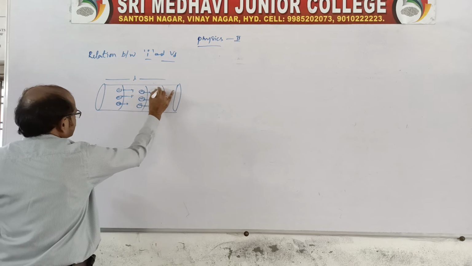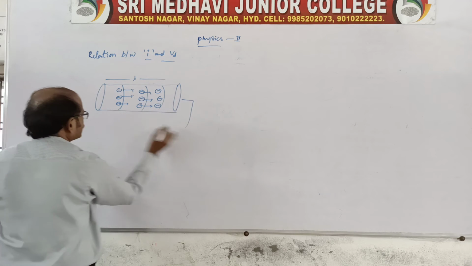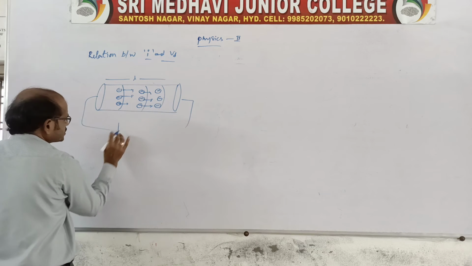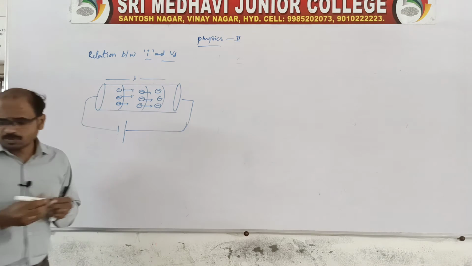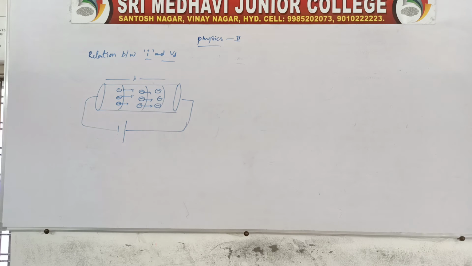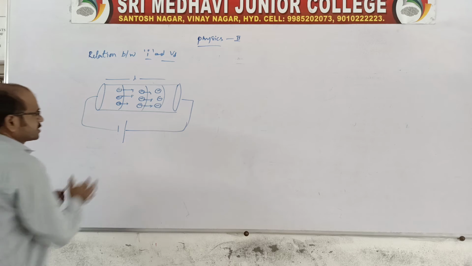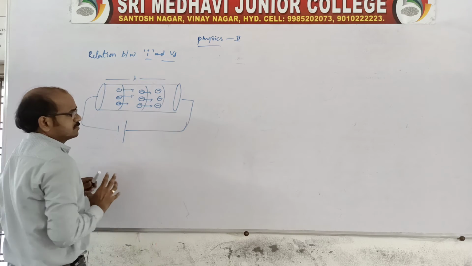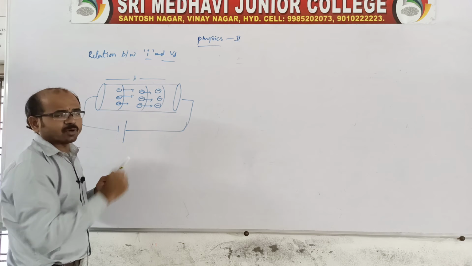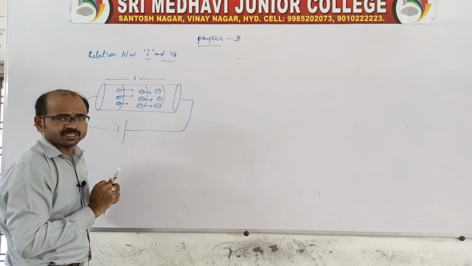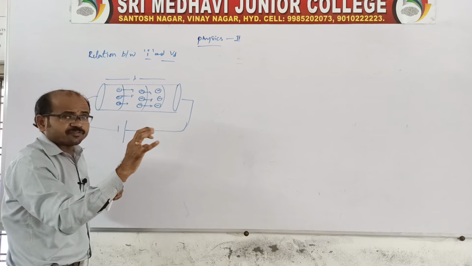Tell me one point: are all the electrons moving? No, only the free electrons are moving from one end of the conductor to the other end. So there will be a number of charge carriers per unit volume. Some are tightly bound with the nucleus; only those which are free are moving.